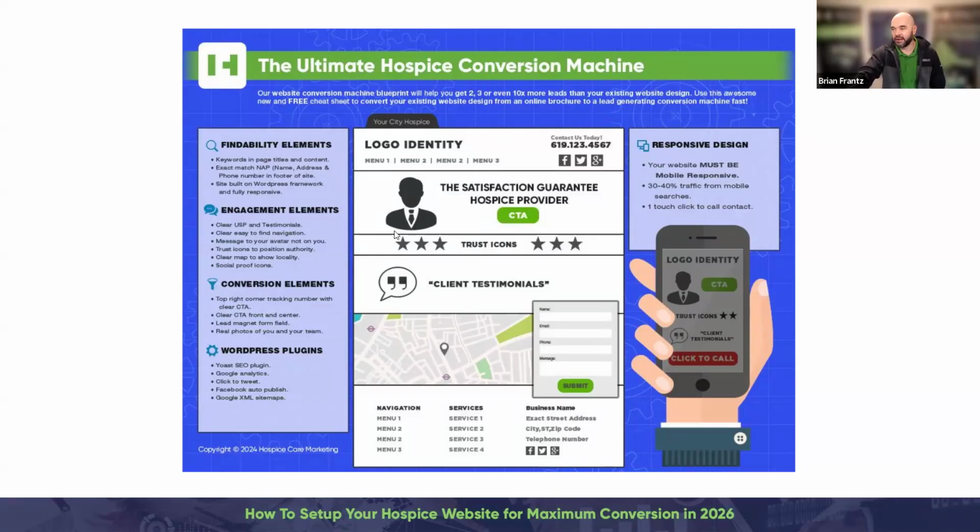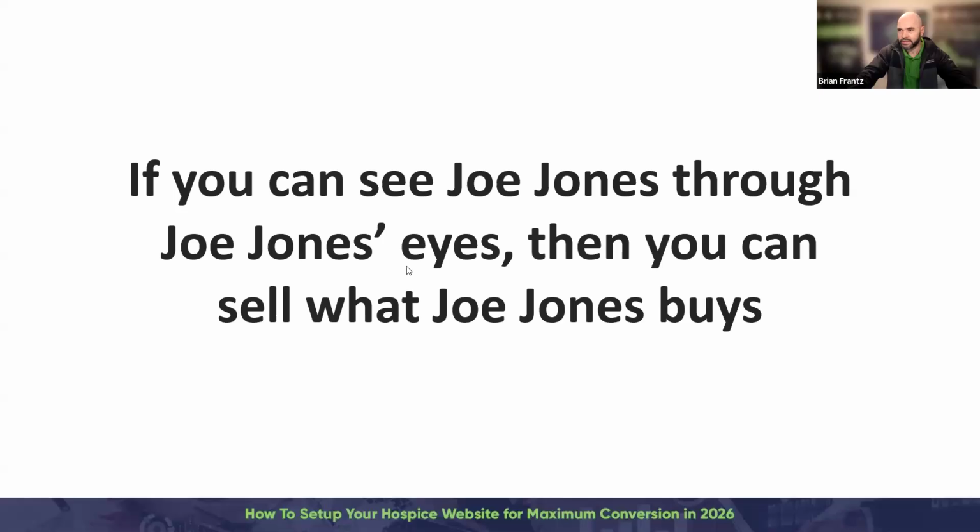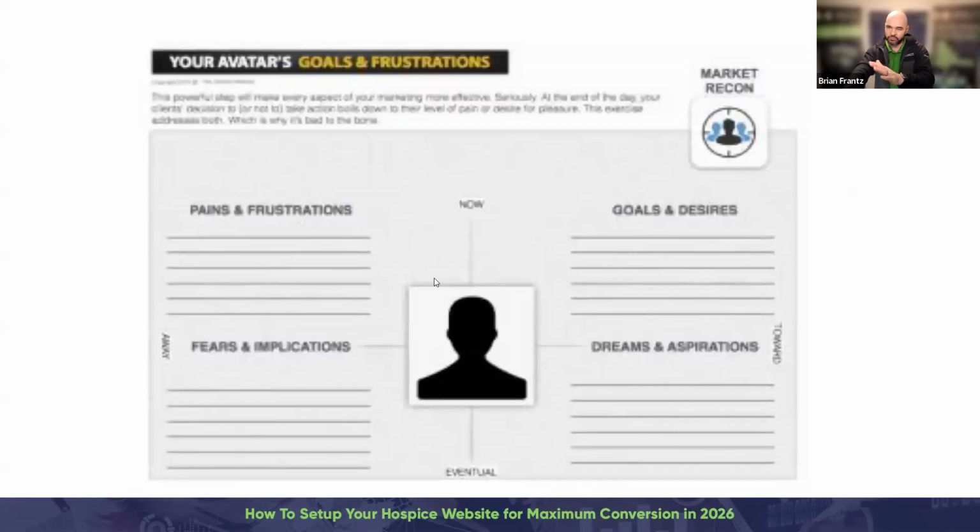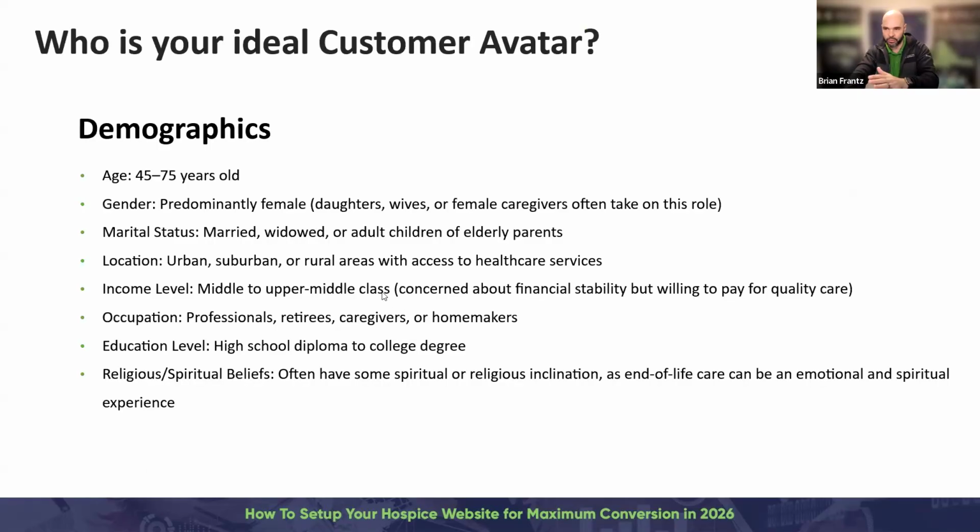Please, and these things aren't that difficult to do on a website, but sometimes some of these things might be overlooked. And so think another way, like if you can see Joe Jones through Joe Jones' eyes, then you can sell what Joe Jones buys, right? So you really want to think about who's visiting your website, okay?